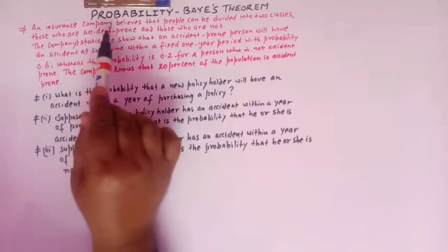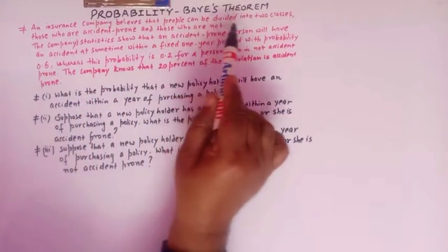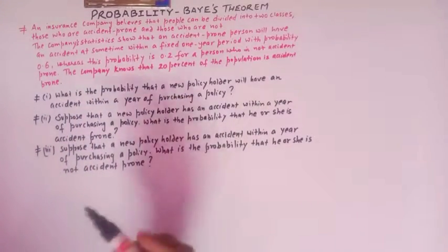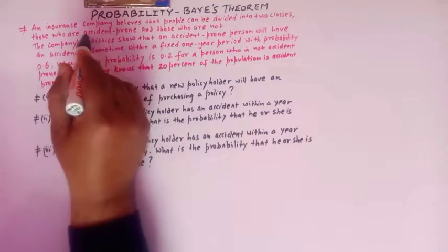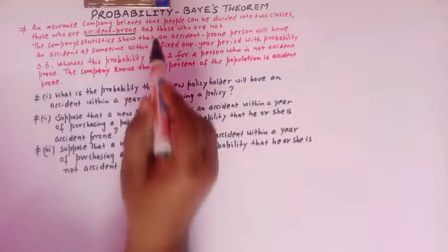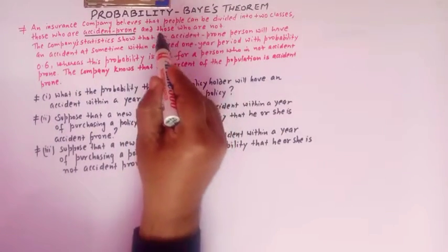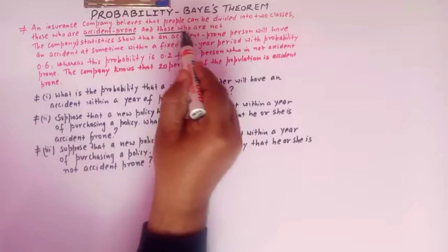An insurance company believes that people can be divided into two classes: those who are accident prone, and the other class is those who are not accident prone.